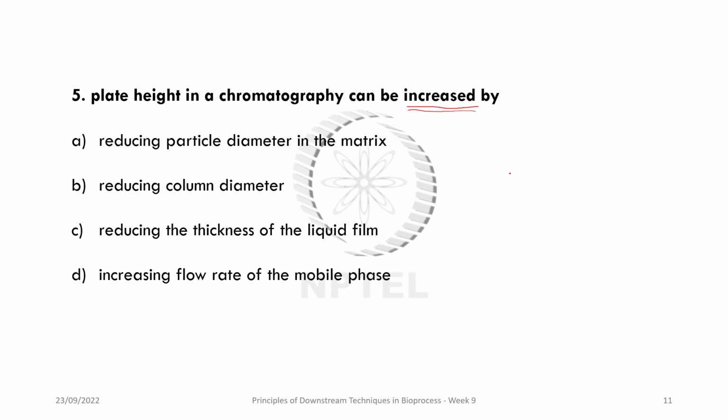And option D, increasing flow rate of the mobile phase. Let's take a minute. Please try to answer. It's no crime if it's wrong.